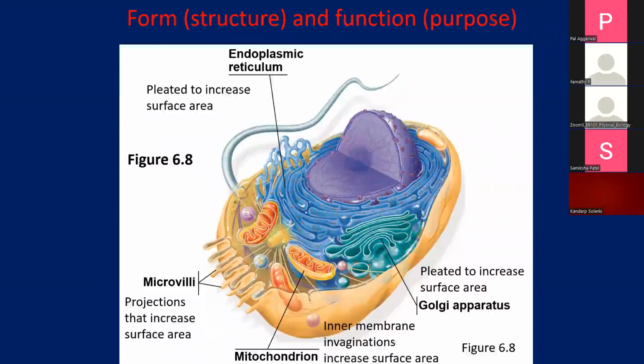For that, the eukaryotic cell has a strategy where each organelle has a curvy or tubular nature, so that it can expose a larger surface. With that, many interactions can happen.